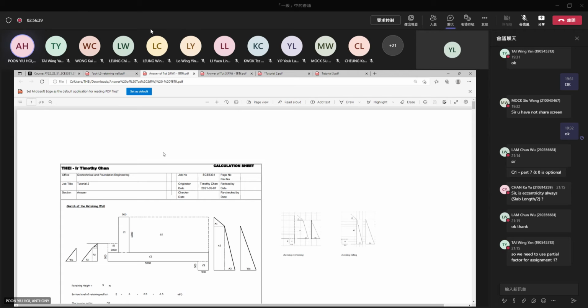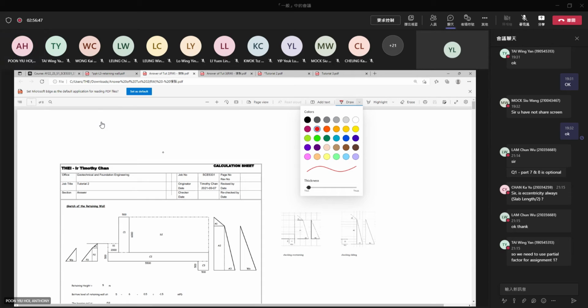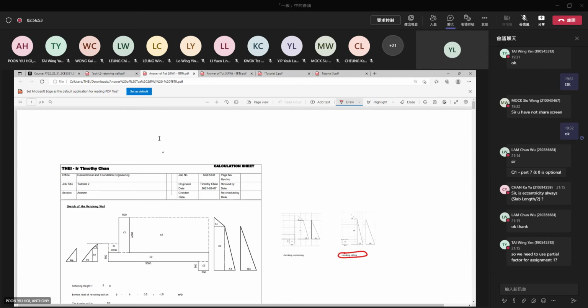You see that in this case, there's actually a shear key. So in dealing with the shear key, when checking the sliding, we actually check the sliding up to the bottom of the shear key to allow for the maximum sliding force.